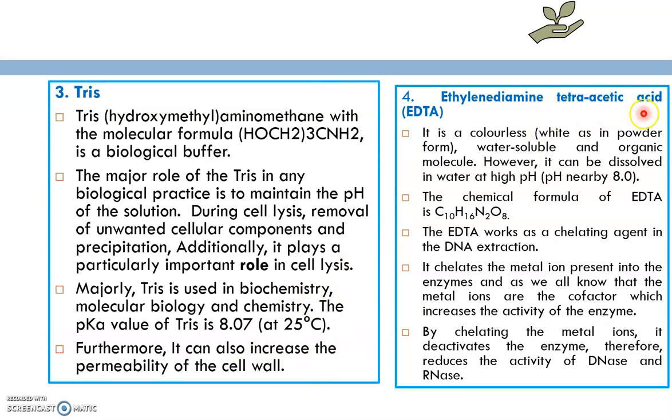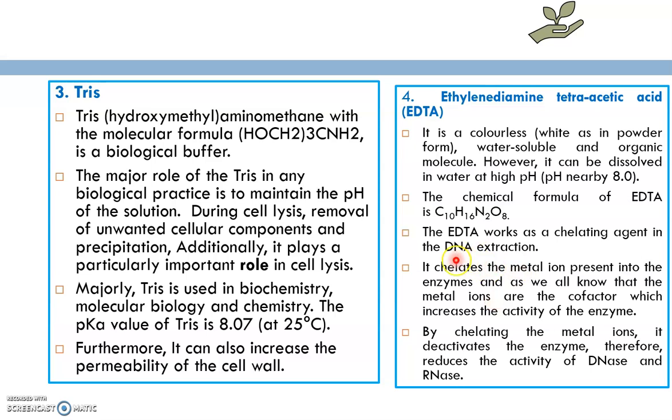The fourth important compound is EDTA. EDTA is a water-soluble organic molecule, and it can be dissolved in water at pH 8.0. EDTA is basically working here as a chelating agent. As we break down the cell wall, cell membrane and nuclear membrane, DNA comes out, and along with it, DNases and RNases become activated by reaction with their cofactors like magnesium and calcium ions.